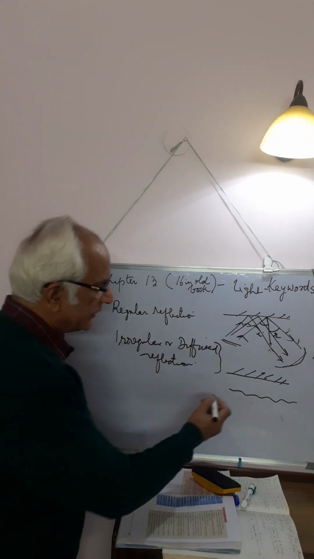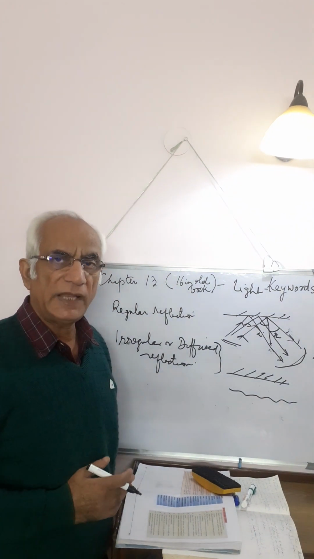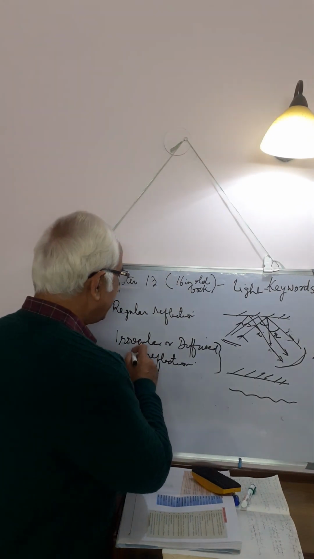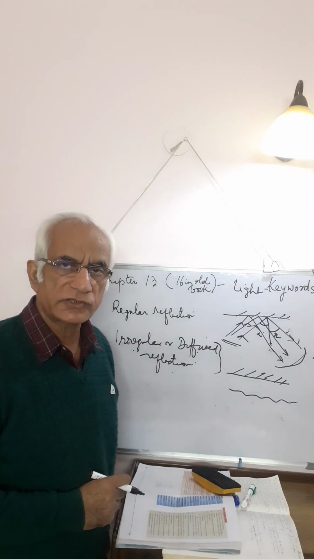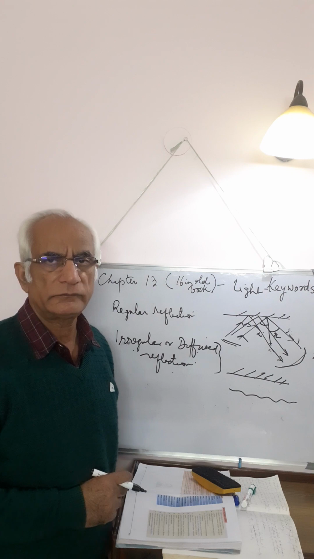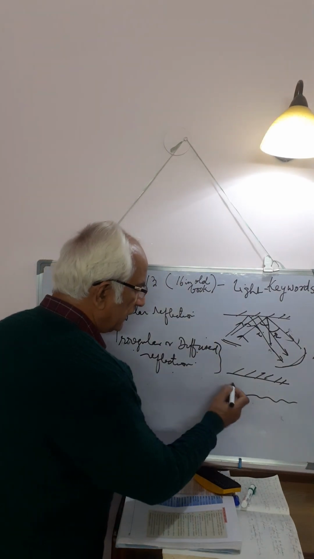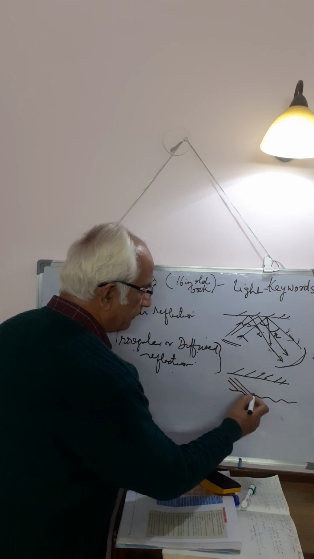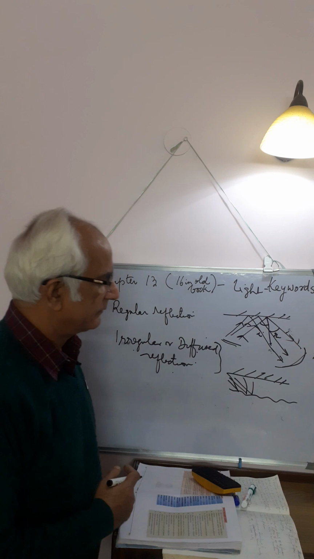So when, let us say, light reflects from a paper or cardboard, the reflected light will be irregular or diffused reflection because the reflected rays will not be parallel. They will go in different directions. Okay, let us say these beams are parallel, but the reflected rays could be in different directions.